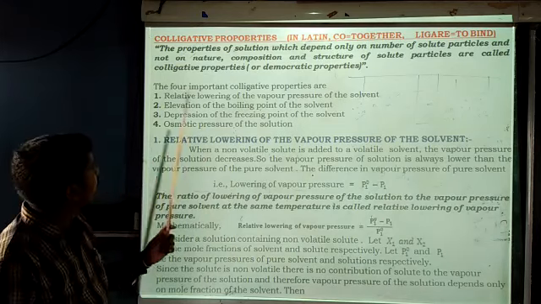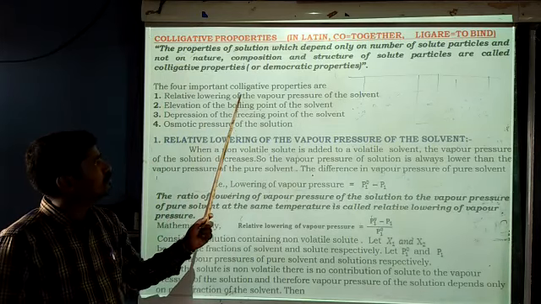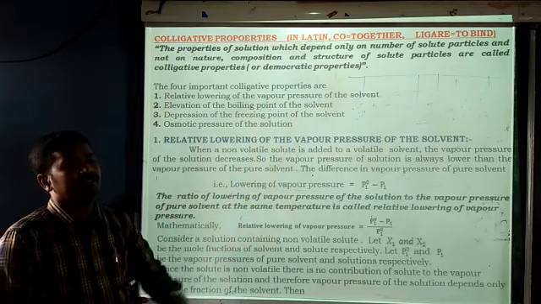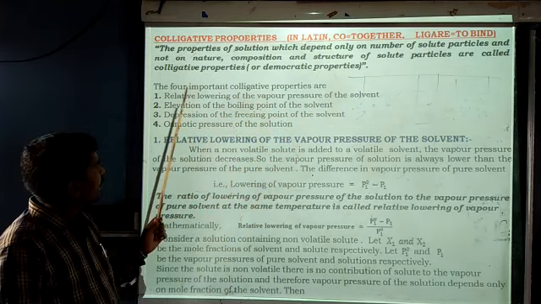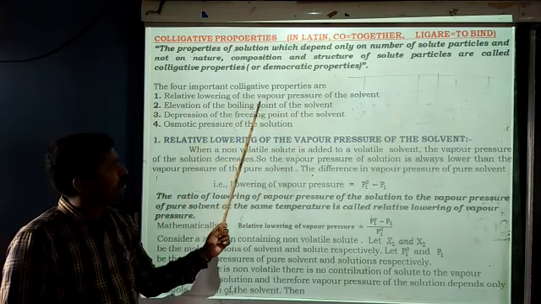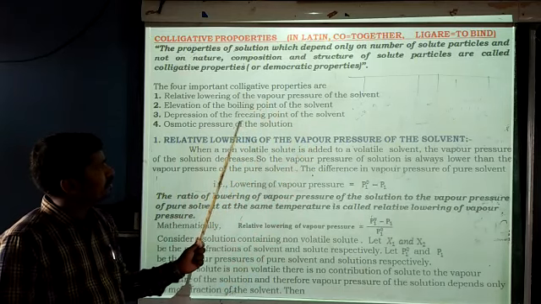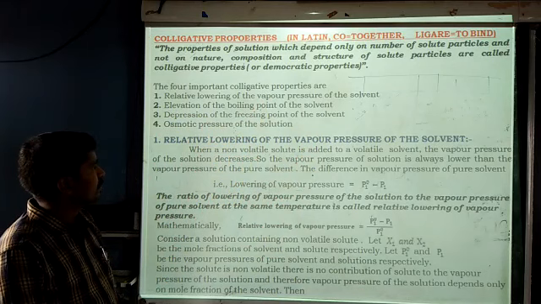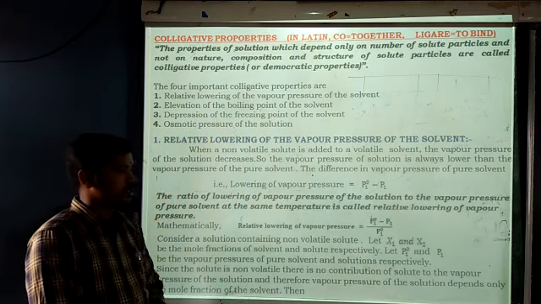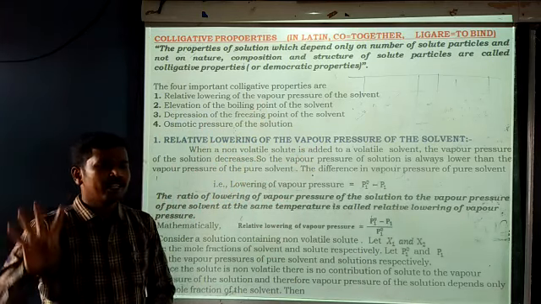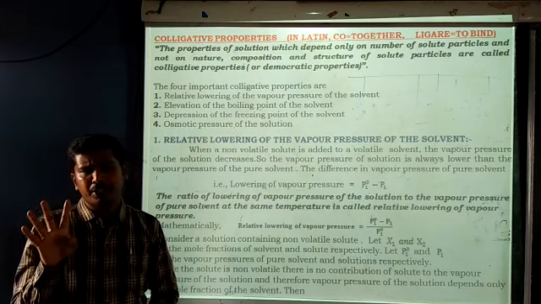Which are those? Relative lowering of vapor pressure of the solvent. Next, elevation of boiling point of the solvent. Next, depression of the freezing point of the solvent. Next, osmotic pressure of the solution. These are the 4 important colligative properties.